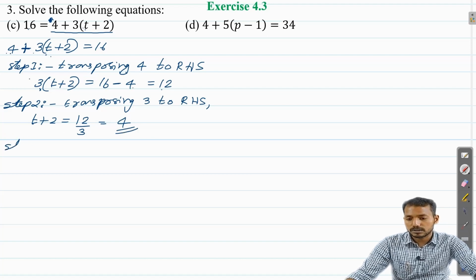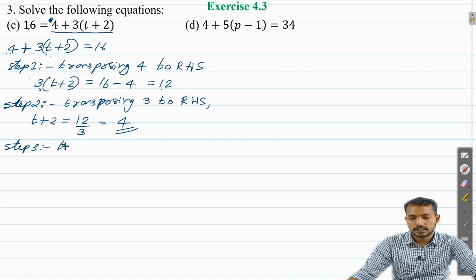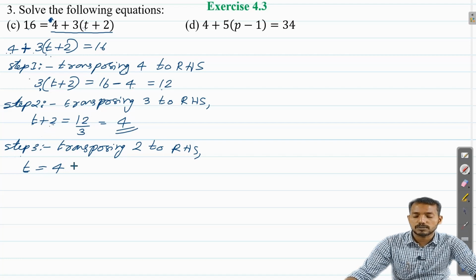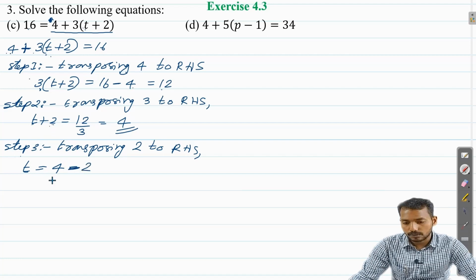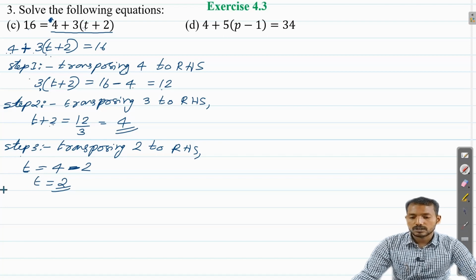Now step 3 is to separate t from 2, transposing this 2 to the right side. So transposing 2 to RHS, we get t is equal to 4. This plus 2 will be changed to minus 2. 4 minus 2 which is equal to 2. So t equal to 2 is the solution of this equation.